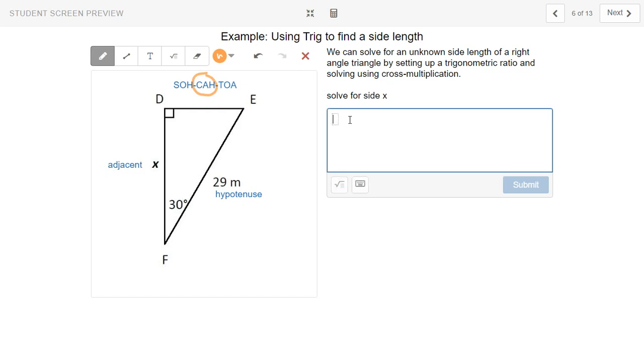So let's write out our ratio. Cosine A is equal to adjacent over hypotenuse. So this is the general ratio. Let's fill it in with the information we have. So cosine 30 is equal to x over 29.